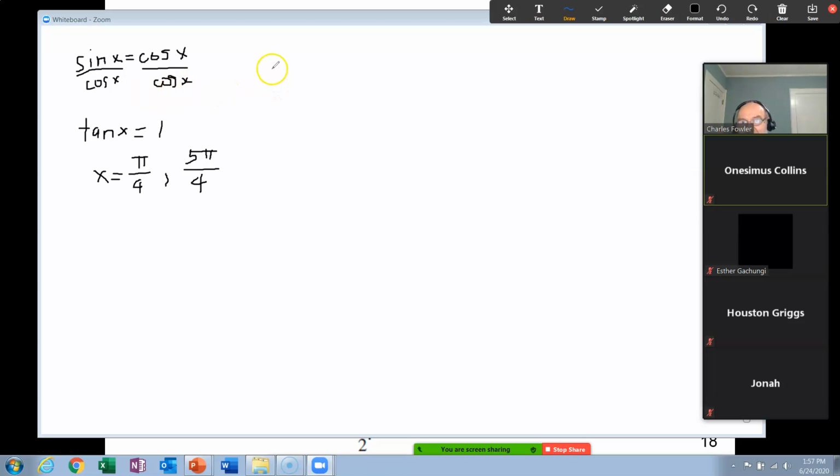So here we have the integral that we're interested in, the integral going from pi/4 to 5 pi/4 of sine minus cosine.